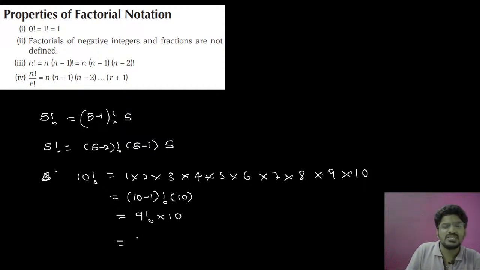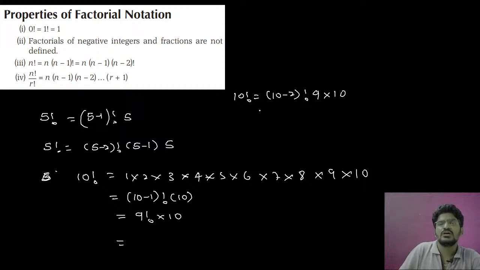In the same way, 10 factorial can also be written as 10 minus 2 factorial into 9 into 10. Here 10 minus 2 means 8 factorial, that is 8 factorial into 9 into 10.